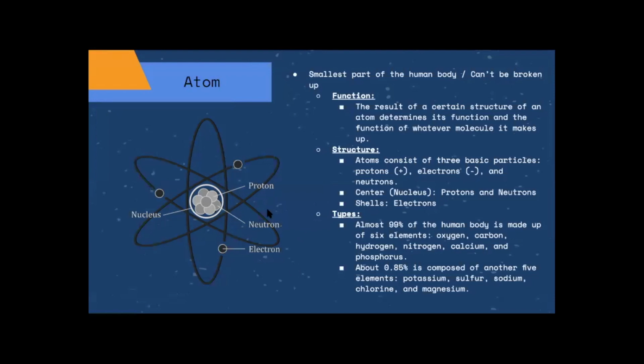The shells, basically the oval structures that you see, contain the electrons, and they are negative. Almost 99% of the human body is made up of the 6 main elements: oxygen, carbon, hydrogen, nitrogen, calcium, and phosphorus. About 1% is composed of another 5 elements: potassium, sulfur, sodium, chlorine, and magnesium.